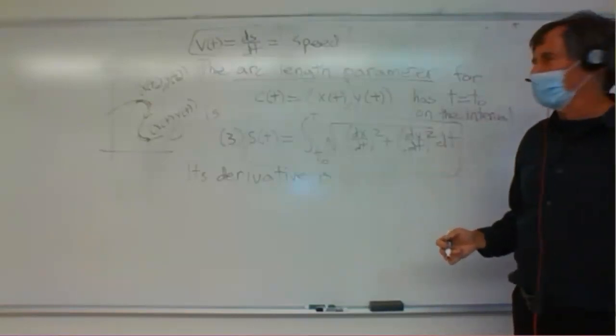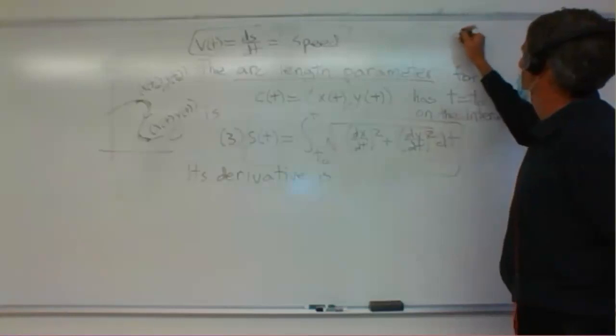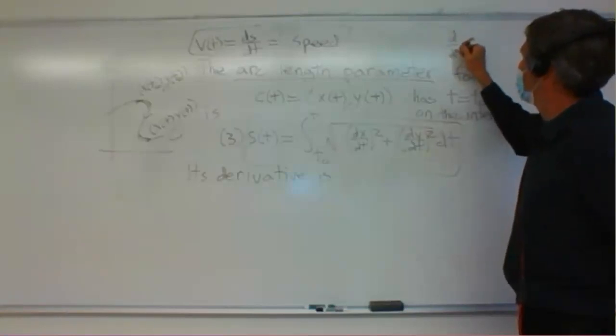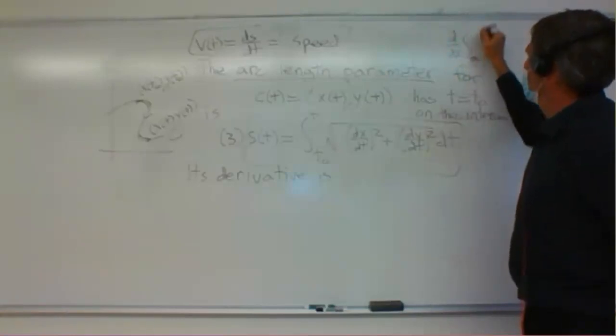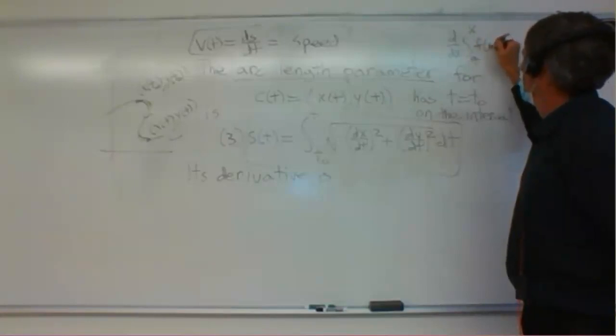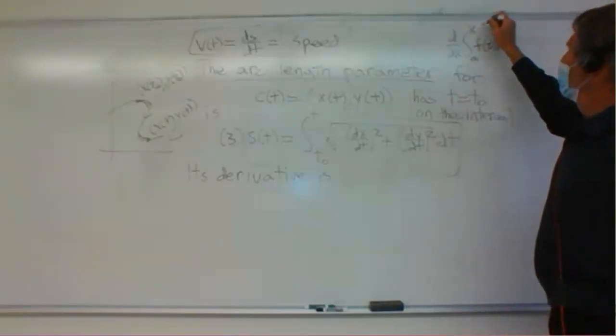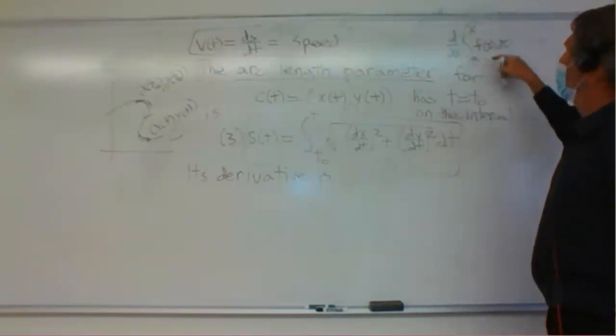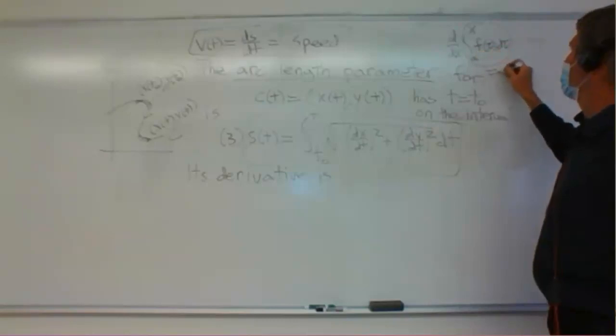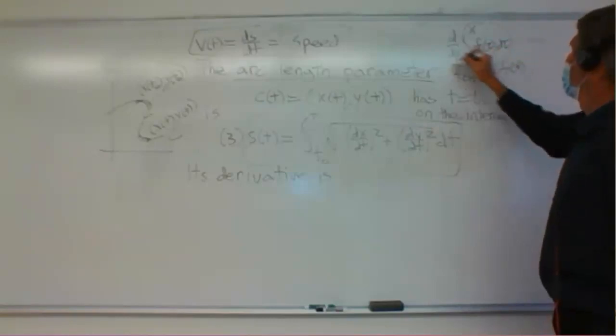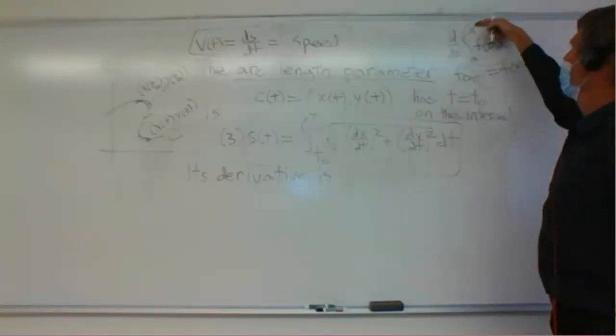Second part of the fundamental theorem of calculus, right? Remember seeing this in calculus? If you take the derivative with respect to x of the integral from a to x, a fixed point to x, of f of tau d tau, the second part of the fundamental theorem of calculus says that this is an antiderivative of f of x. So this just gives you f of x back. It's this function with the variable endpoint plugged in.